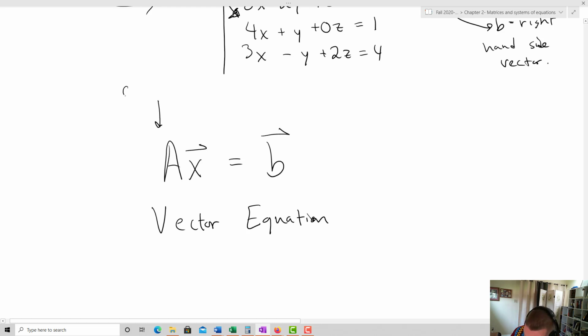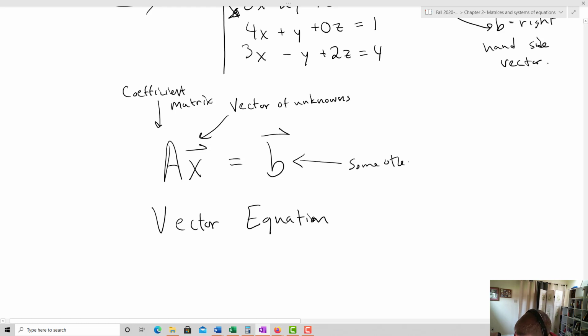We have a coefficient matrix, A, times a vector of unknowns, equal to some other vector. And what we'll see is that this x value is going to end up being the solution to our system of equations.